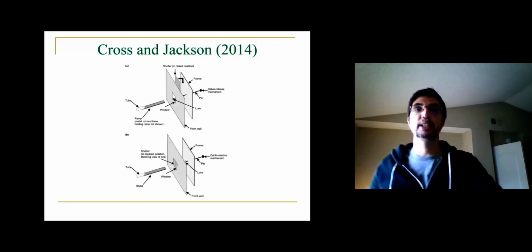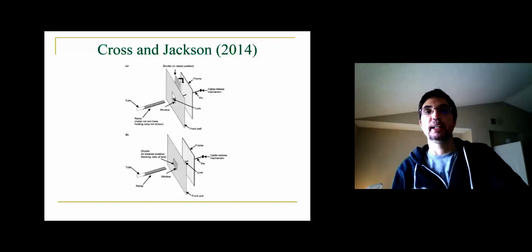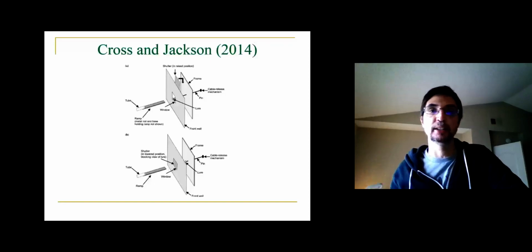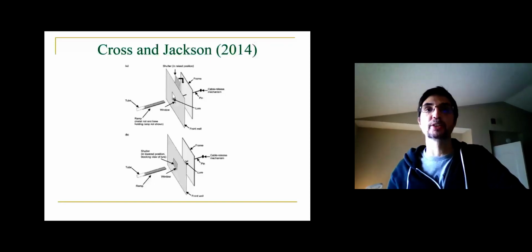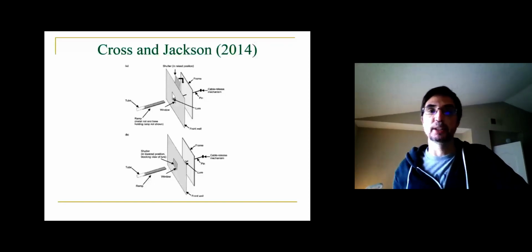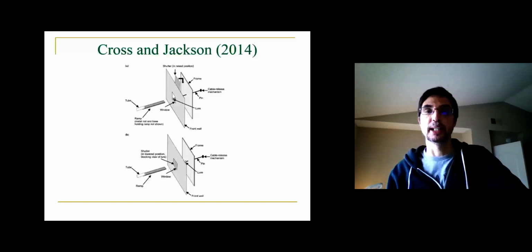So the lure is presented for a certain amount of time, and then the lure is pulled back, and then a shutter comes down. And while the lure is pulled back, the lure is either altered in some way, either by changing the type of spider or by changing the orientation, or holding those factors constant. And then the shutter comes back up, and then the lure is inserted right out the window again so that Portia can see it.